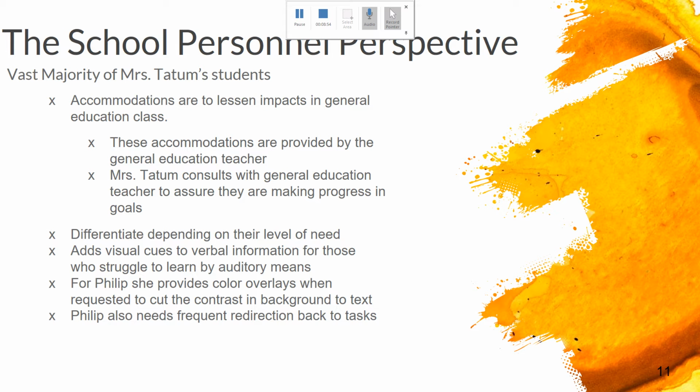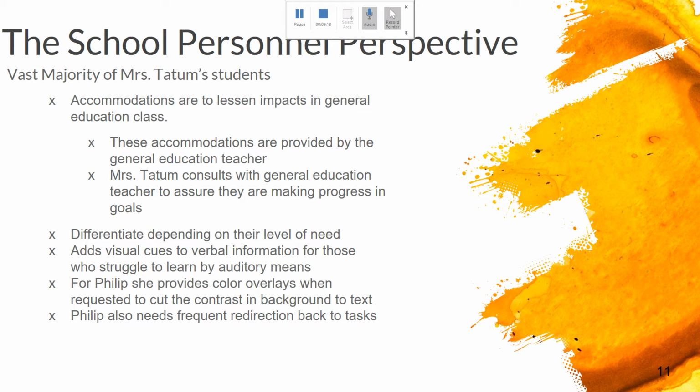So for a vast majority of Miss Tatum's students, accommodations are to lessen the impacts in the general education class. These accommodations are provided by the general education teacher. However, Miss Tatum consults with the general education teacher to assure that they are making progress in those goals.